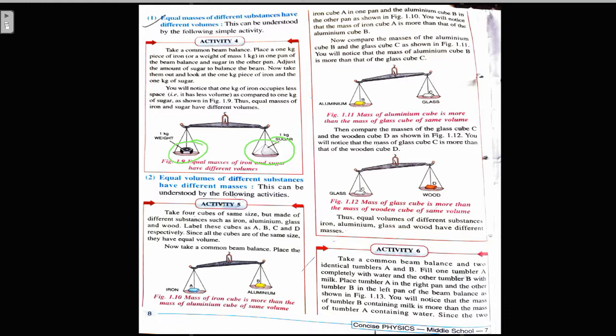So equal masses of different substances have different volumes, and equal volumes of different substances have different masses. This is iron and this is aluminium, right? So this shows that mass of an iron cube is more than the mass of an aluminium cube of the same volume. Its volume is the same, but iron would have more mass, right?